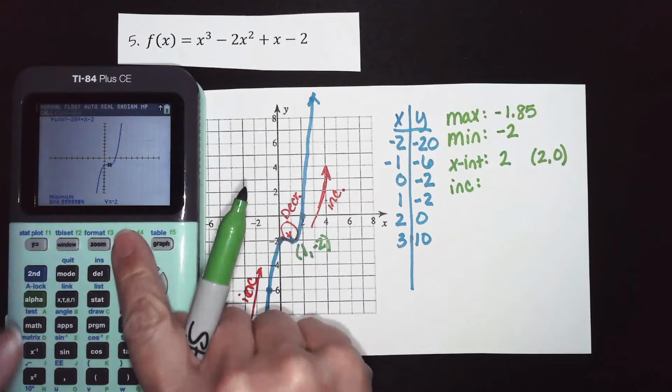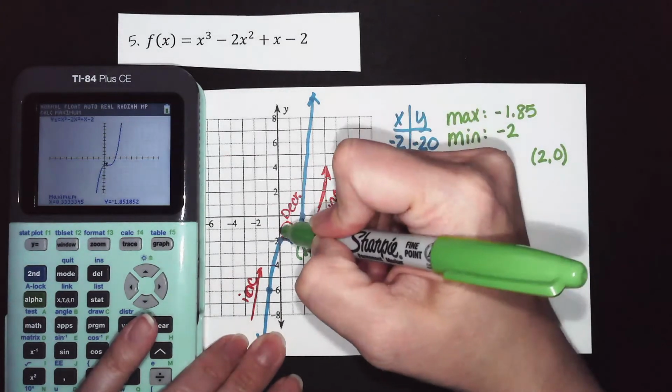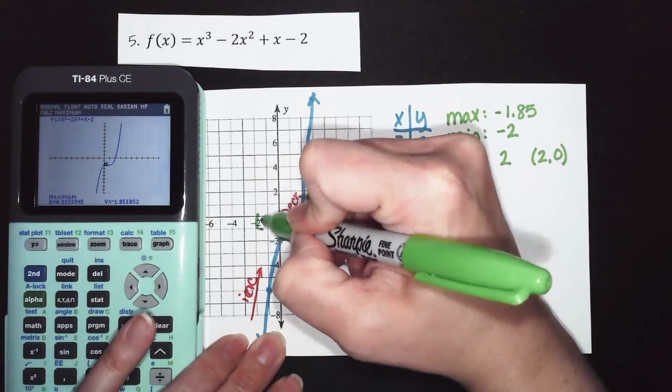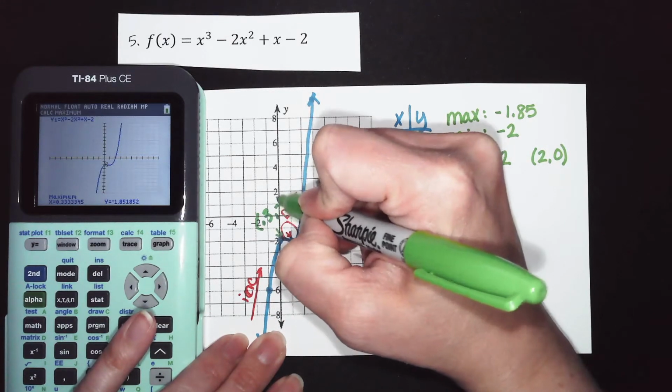And I'm going to go back and find that other one real quick because I should have written this down the first time. So I'm going to go past it. All right. So this max point here was at 0.3, negative 1.85.